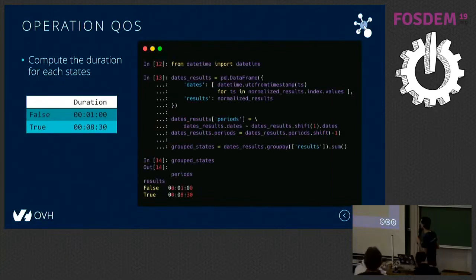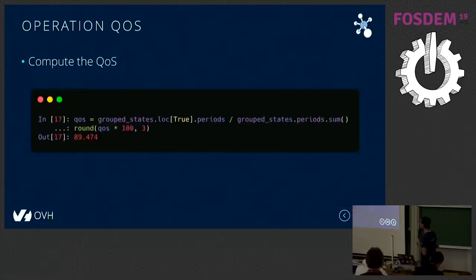So we apply a group by operation and the sum, and we can get the duration for both false and true. It's a very small subset here, but in DEPC we mostly compute for 24 hours. So now with the true period and the total of the periods, we can compute the QoS, the real deal.